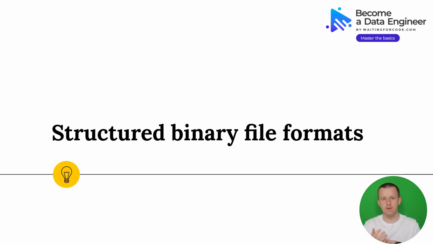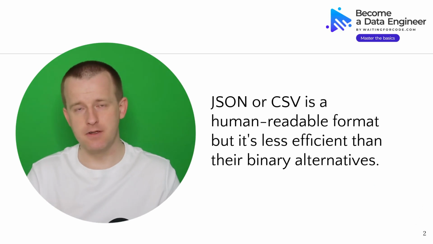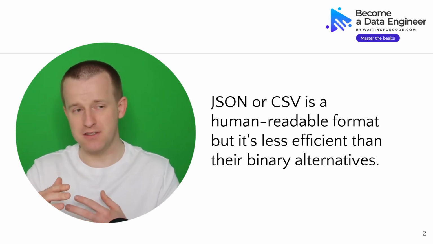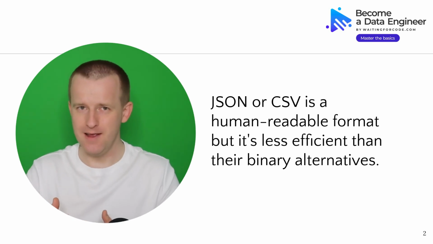And one of the common approaches to enforce this schema is not to write a lot of data processing logic for JSON or for CSV files, so for the semi-structured files, but to use binary file formats that natively support schemas.